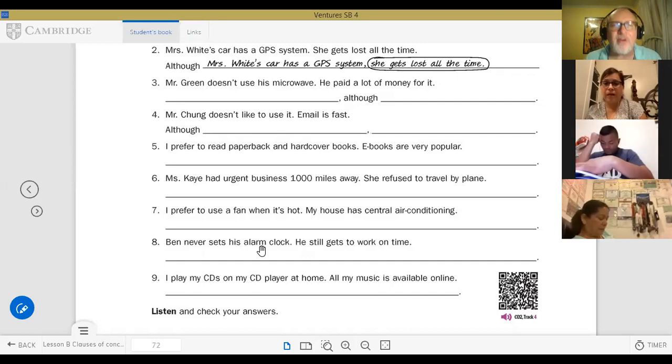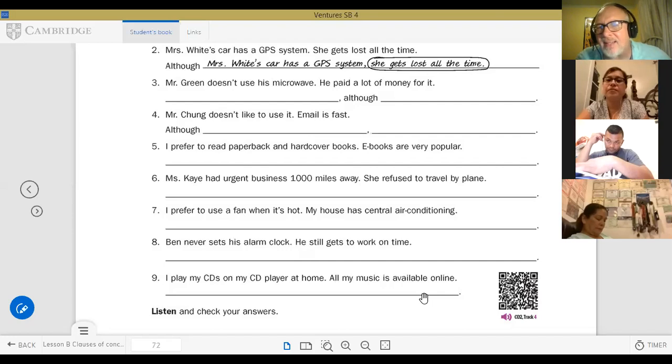All right. Number 8. Ben never sets his alarm. He still gets to work on time. Wow. How can we say it with although? Although Ben never sets his alarm, he still gets to work on time. Exactly.